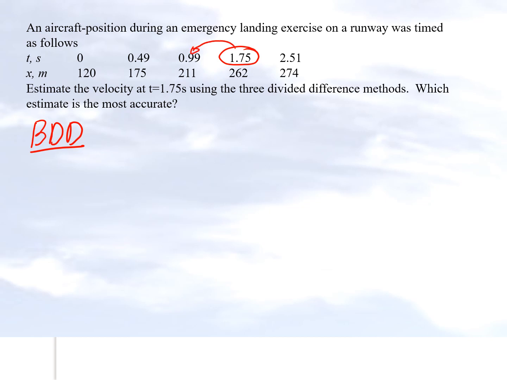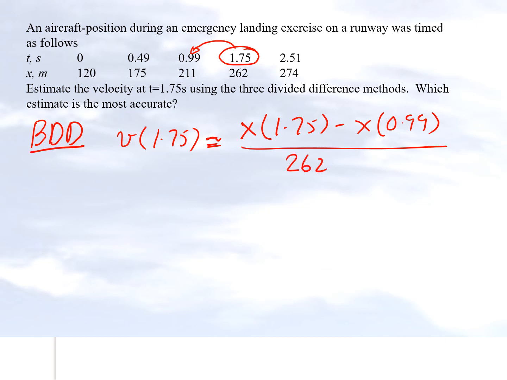Yes, we have 0.99 available, which is the closest point behind 1.75. So the velocity at 1.75 would be approximately equal to the location at 1.75 minus the location at 0.99, divided by 1.75 minus 0.99.